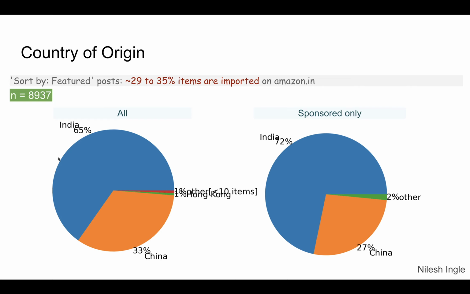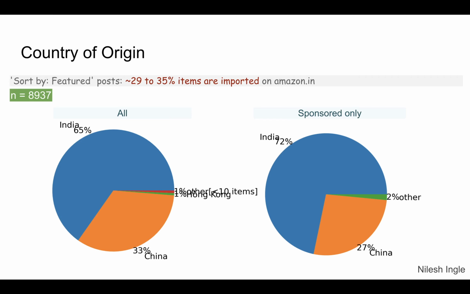If you look at all the results on the left hand side, which includes sponsored plus non-sponsored listings of toys in each of those 10 categories, here we have 65% manufactured within India, and then 33% were imported from China, 1% from Hong Kong, and then the remaining 1% were from other countries.